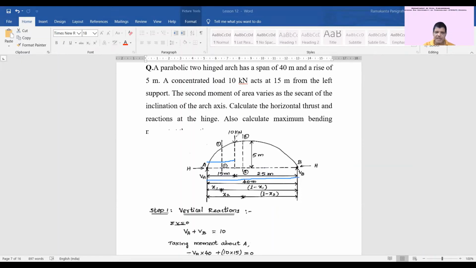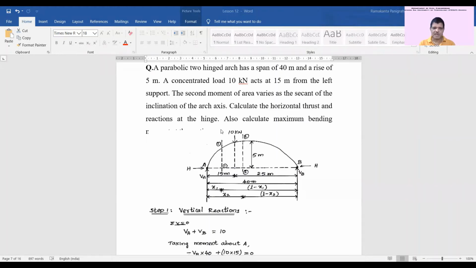The rise of the arch is given as 5 meter. We have to calculate the horizontal thrust, the reactions at the hinges, and also the maximum bending moment under the point load. So these are the requirements for this problem.